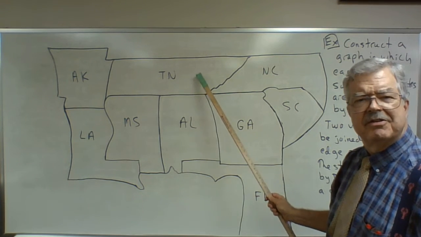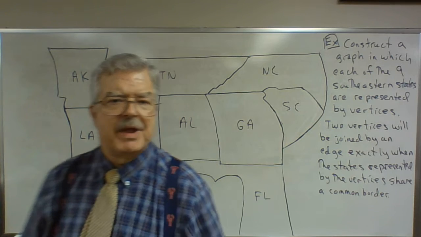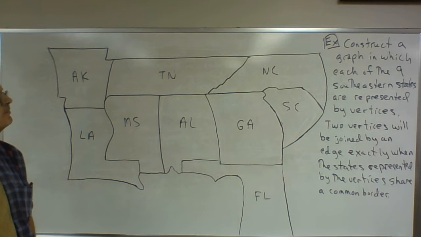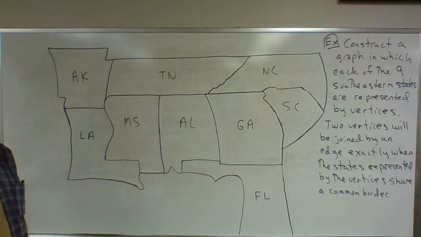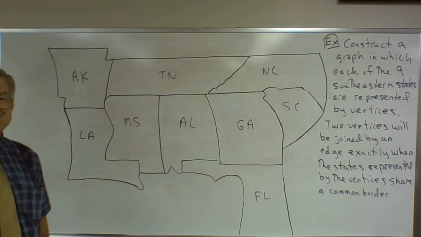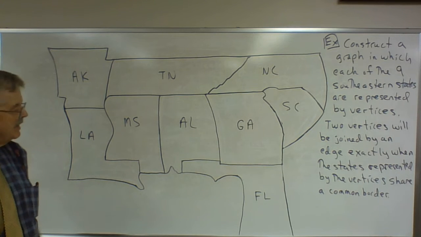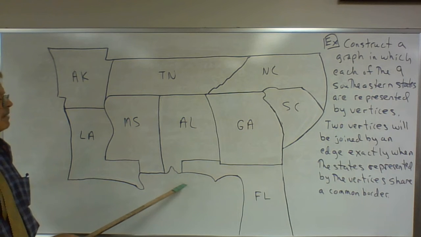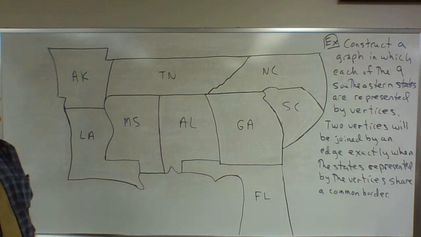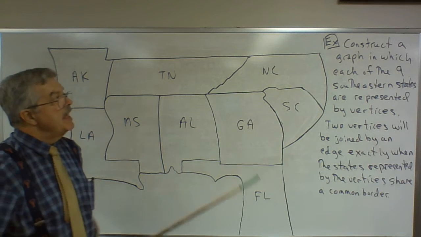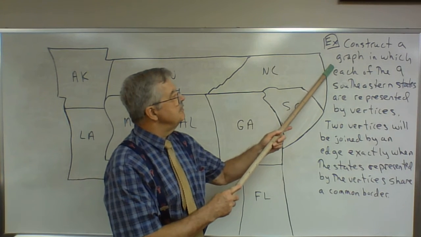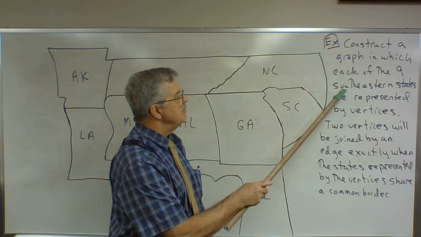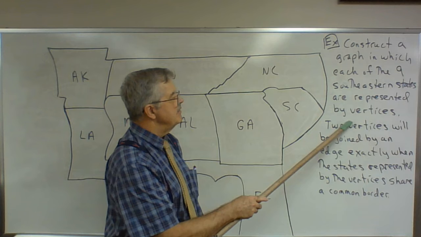Here's a nice exercise. We have a map of the southeastern United States, sort of. I guess this shows the limitations of my artistic ability. But anyway, if you use your imagination, I think you can see that this is a map of the southeastern United States. And our exercise tells us to construct a graph in which each of the 9 southeastern states are represented by vertices.